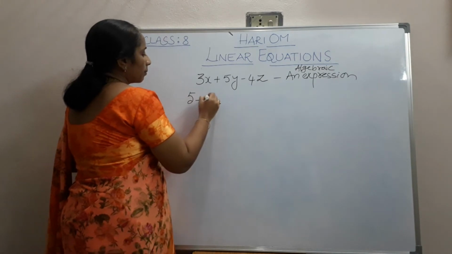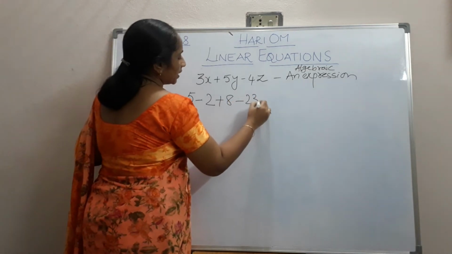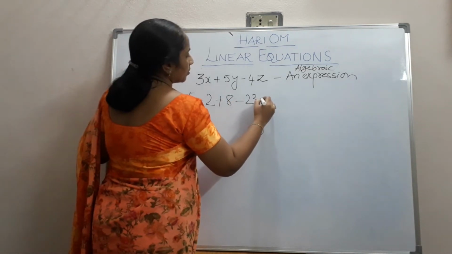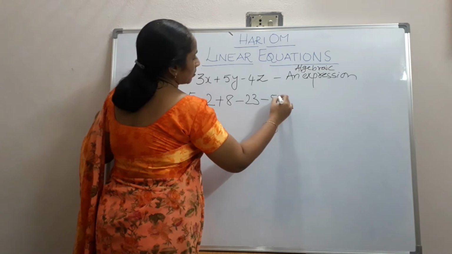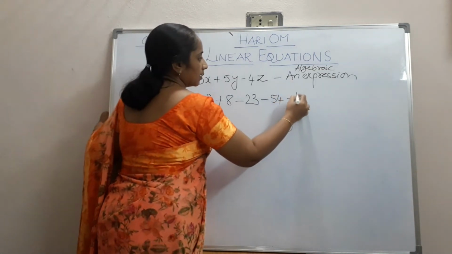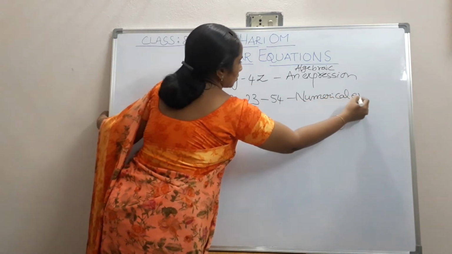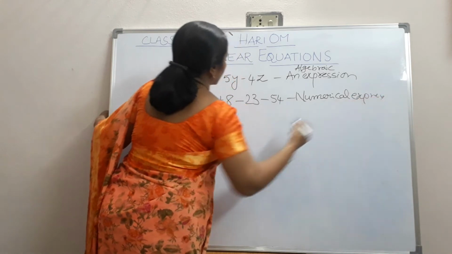Now 5 minus 2 plus 8 minus 23 minus 54, this is a numerical expression.